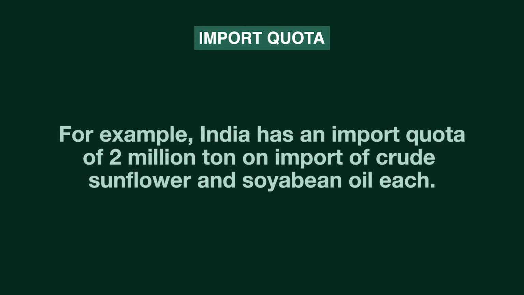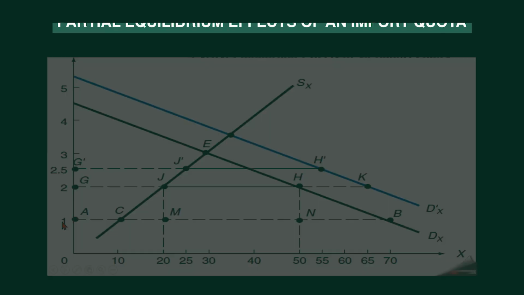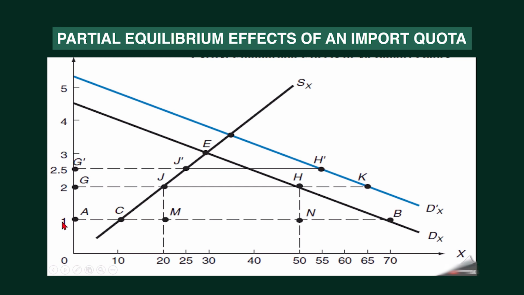For example, India itself imposes a restriction on import of vegetable oils like soybean oil and crude sunflower oil. For example, there is a restriction of 2 million metric tons of import from abroad.